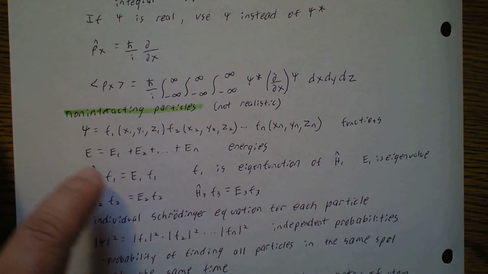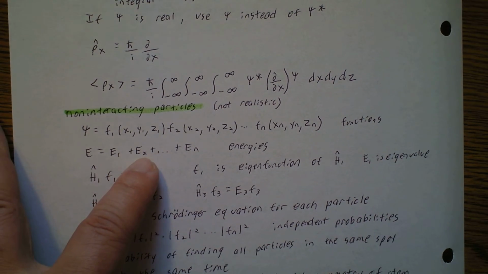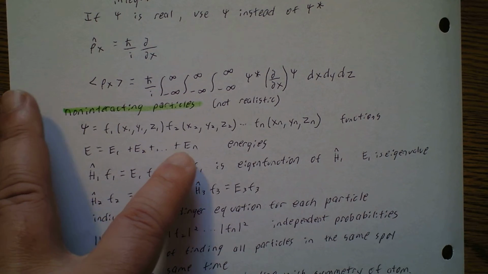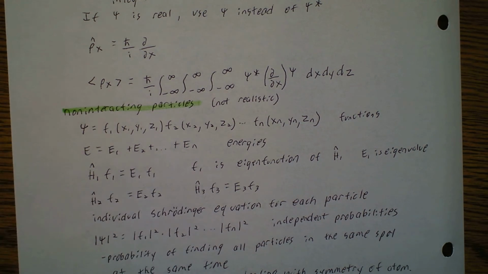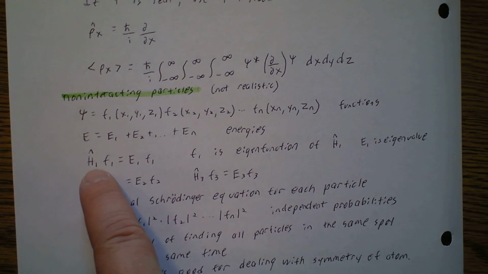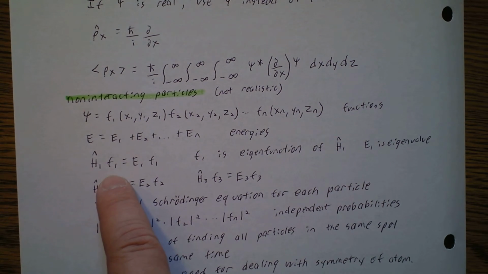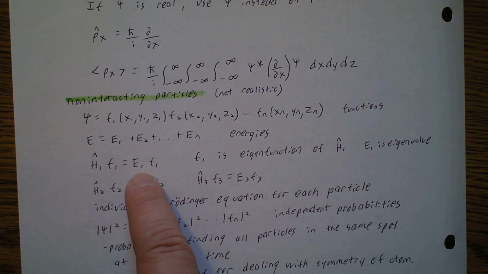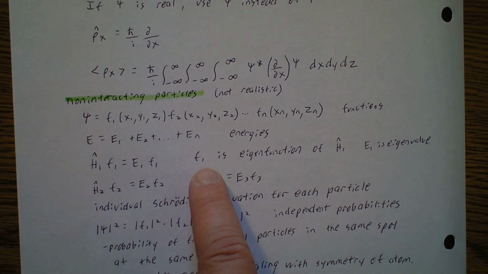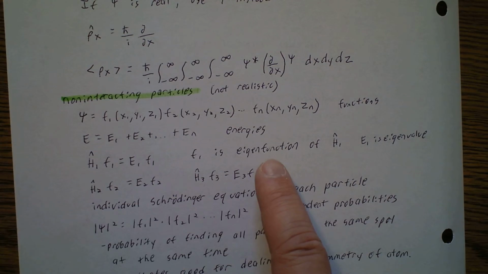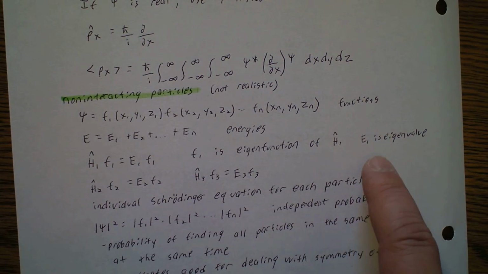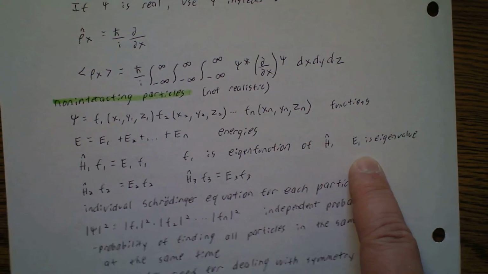The total energy would be the energy of particle 1 plus the energy of particle 2 plus the energy of particle 3, etc., all the way up to the energy of particle n. So the Hamiltonian operator here, H hat of 1 times f1 is equal to energy 1 times function 1. So remember, f1 is the eigenfunction of the Hamiltonian, and E1 is the eigenvalue.